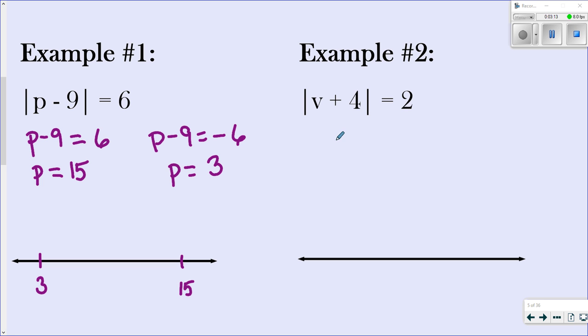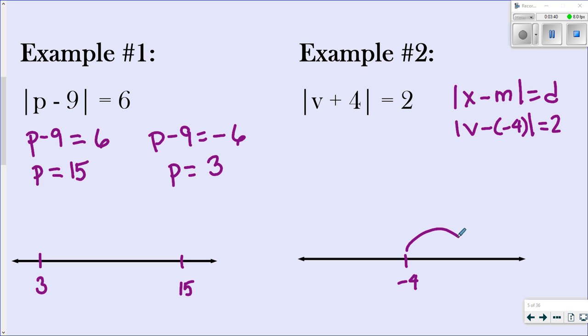Remember when we had that formula, which was x minus m, x minus the middle number equals d, which is the distance. So notice that this is supposed to be a negative. You can turn it into x minus negative 4, because a negative times a negative gives you a positive, and then you've got your distance of 2. So that means your middle number is negative 4, and then you're going 2 to the right and 2 to the left.